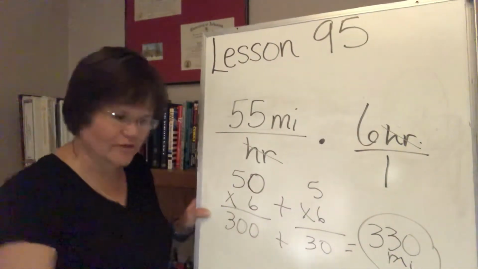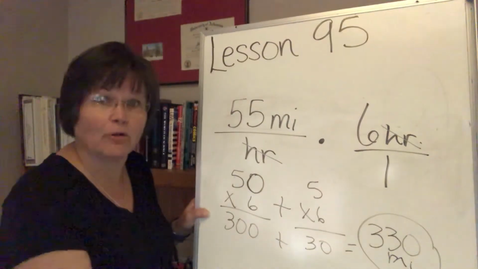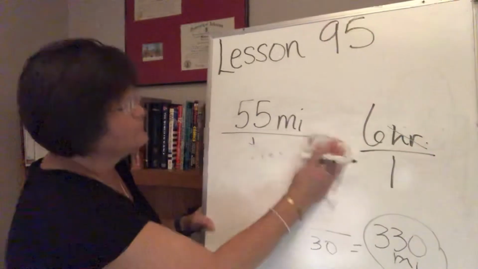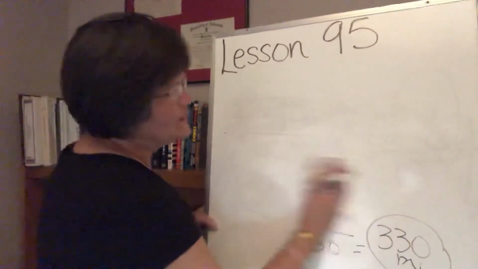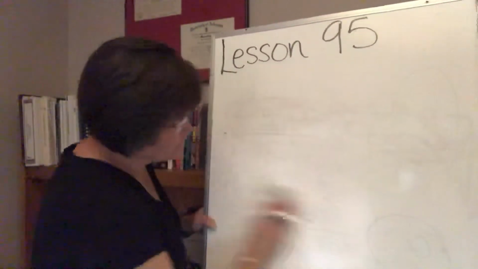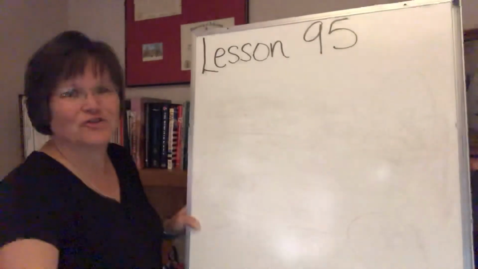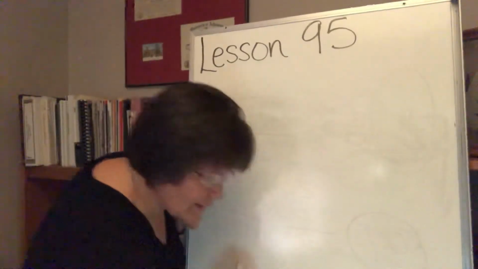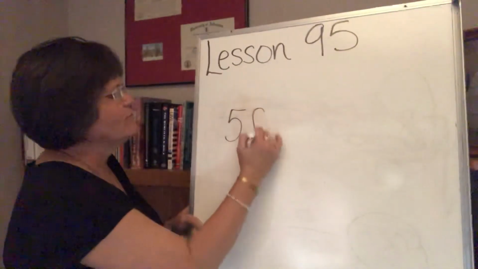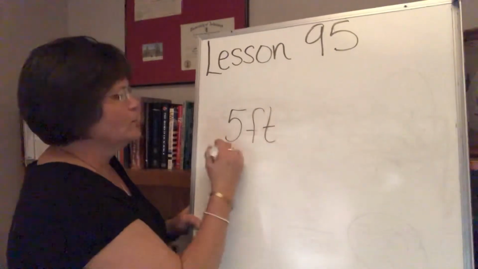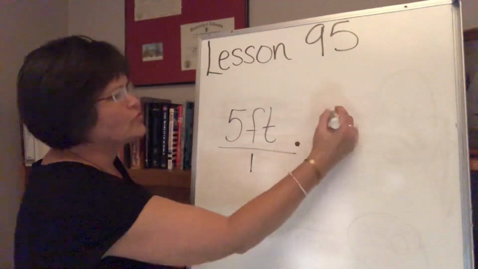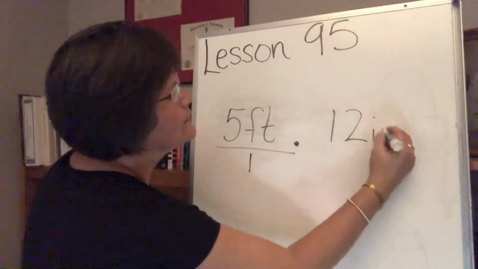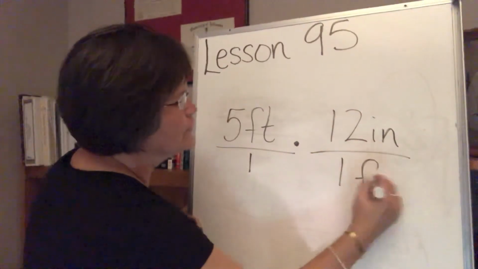That's the way that you would solve this using what we know about ratios and how to solve them. We've got one more to work through that has to do with inches. Once again, it's going to be a very easy one that I know you can solve mentally, but let's practice writing it down. Let's say we have 5 feet, and we know that there are 12 inches in 1 foot.